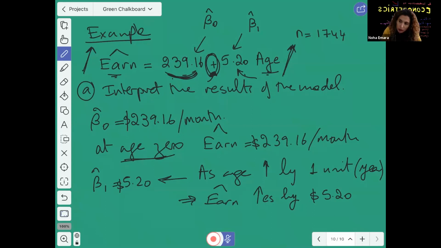In my video on the measures of fit, which is the R-square, have you watched that? Have you watched the video on the measures of fit? Type yes or no. So here the R-square of the model is equal to 0.05.